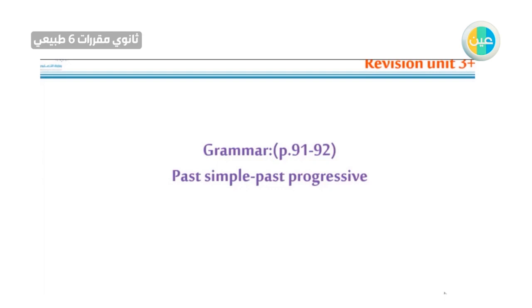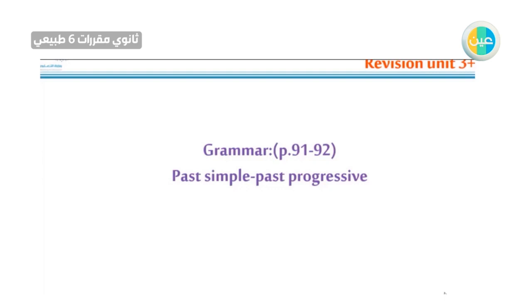Another use for the past progressive: when we have two actions in the past and one of them interrupted by the other. So in this case, we will use the past progressive. Remember, we have something we call a stative verb. We have two kinds of verbs. Action verbs, like cook, read, write, watch.